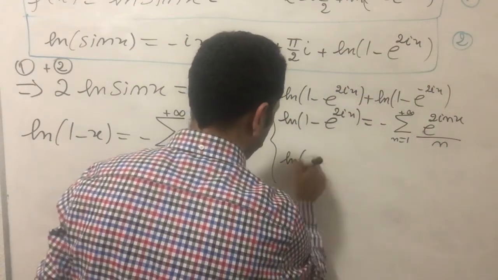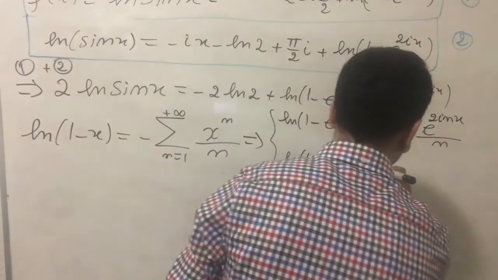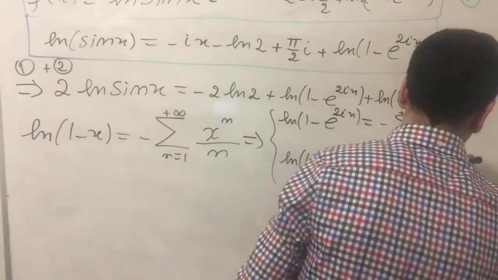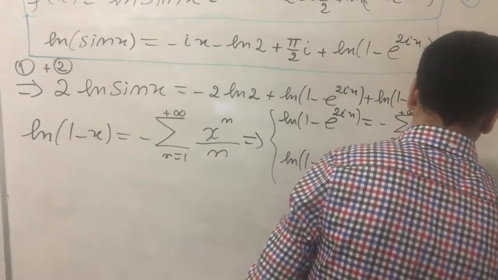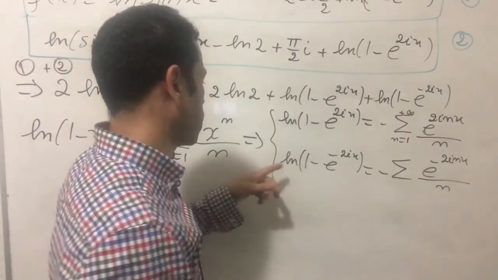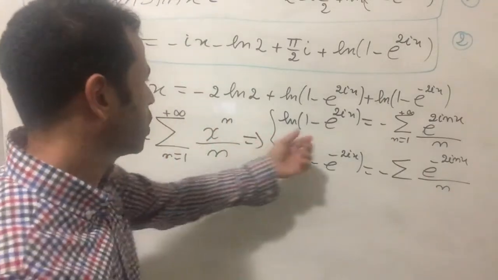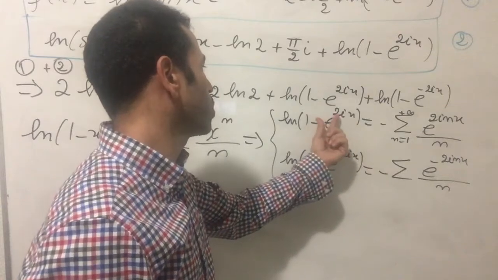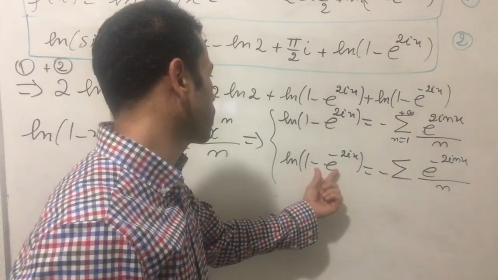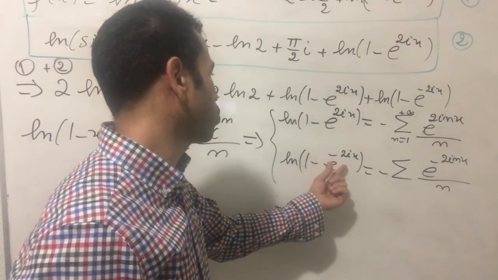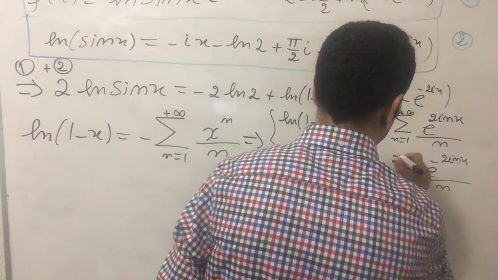For the second expression, I replace x with e to the minus 2ix, as n goes from 1 to plus infinity.